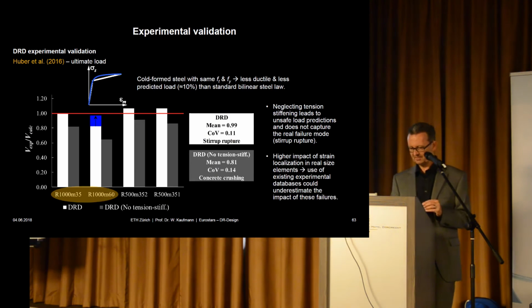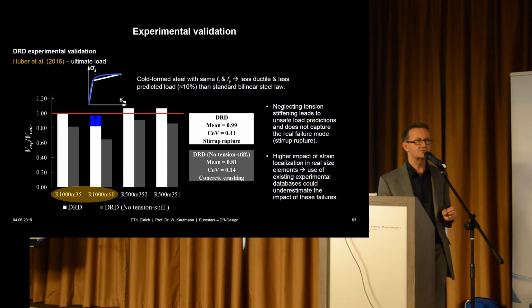If we calculate them, we get pretty close with ERD. So this is the white lines. And it looks odd here, but this is the experiment versus the calculation. So if it's smaller than 1, it's unsafe.